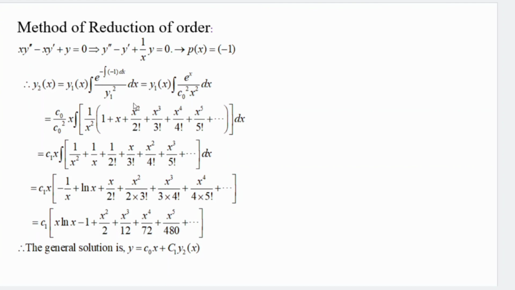Now we have y1 equal to c0 x, so y1 square equals c0 square x square. I take out c0 square outside. So we get e power x by x square.